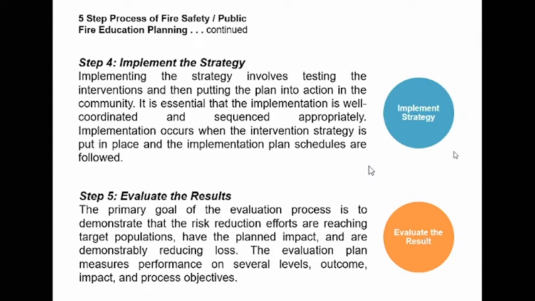The evaluation plan measures performance on several levels: outcome, impact, and process objectives. So when you do your evaluation, there is a lot to look at. Not only whether the people moved, but what are the effects? Will this demonstrate the reduction of loss?